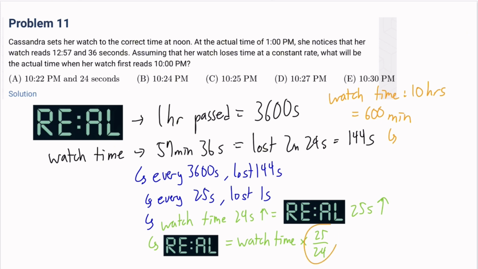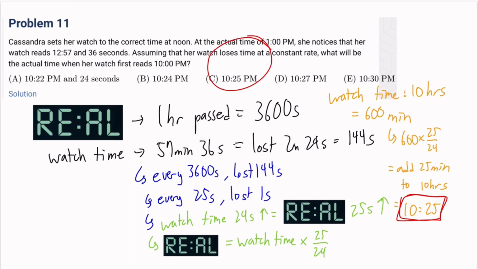So what we have to do is multiply by 25 over 24. So 600 times 25 over 24 is equal to adding 25 minutes to the 10 hours, right? So this is 10 hours 25 minutes. So it's 10:25 p.m. The answer is C.